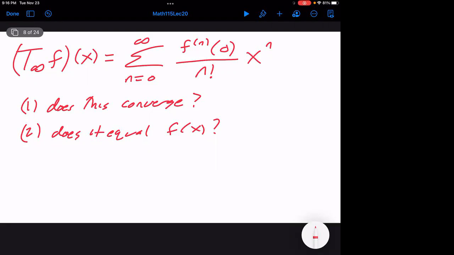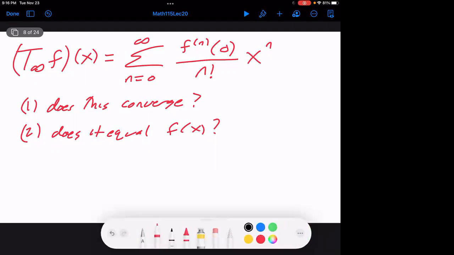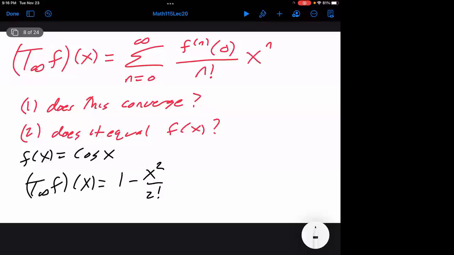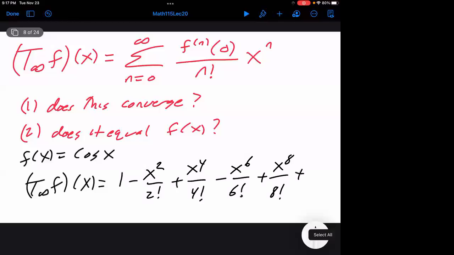Things can be tricky, but for the problem we're looking at, if we take f of x equals cosine of x, that converges. And in fact, the infinite Taylor series in this case is 1, and there was no x term because it was 0, minus x squared over 2 factorial, no x cubed term, plus x to the 4th over 4 factorial, no x to the 5th term, minus x to the 6th over 6 factorial, plus x to the 8th over 8 factorial, and so on.